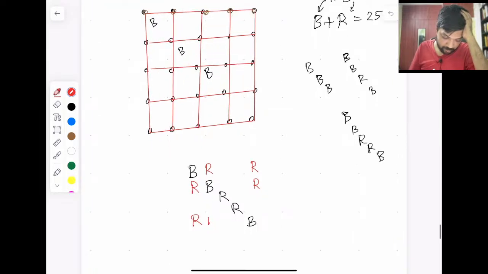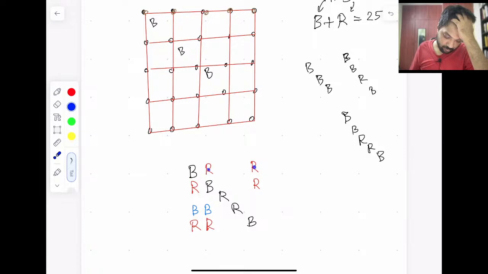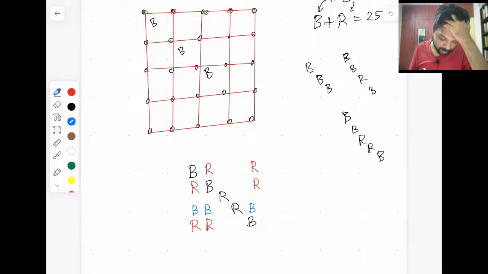Now again we start filling in what should be the blues. It says red. So 2 reds and 2 blues. Okay, I think I'm writing it all wrong. It should be here. Hopefully it will work. Let's see. This is the last case.